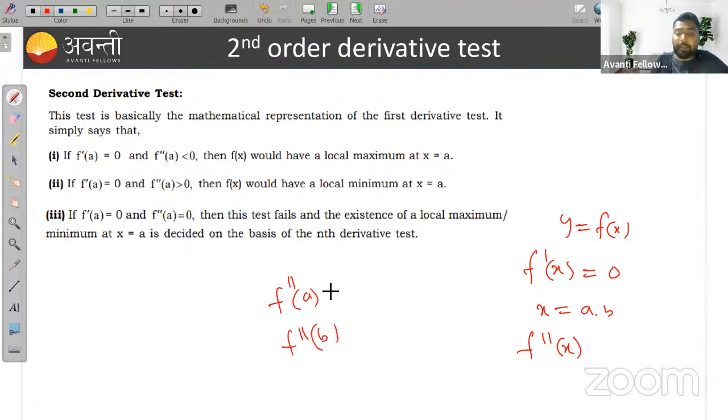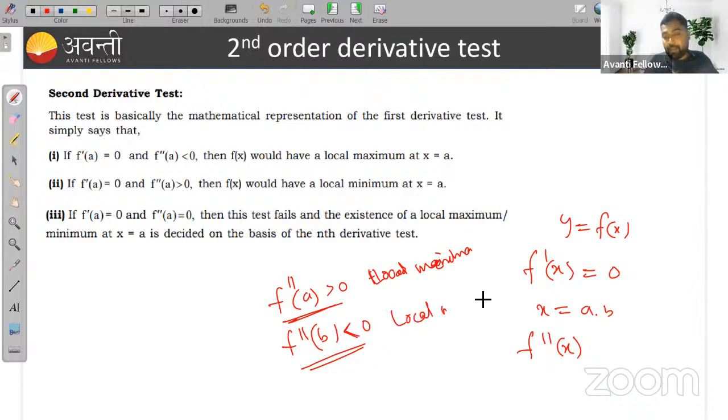Where you are getting f double dash of a is greater than 0, we can say here we are getting a local minima. ठीक है? And when double derivative of that function at point b is less than 0, that means you are getting a local maxima. ठीक है? So this is the rule.